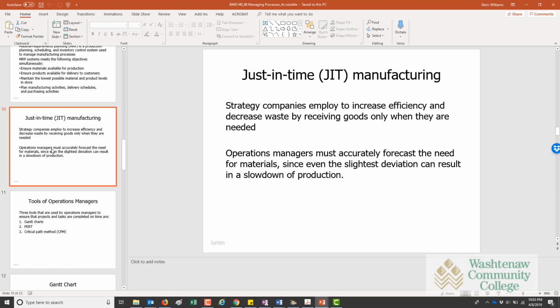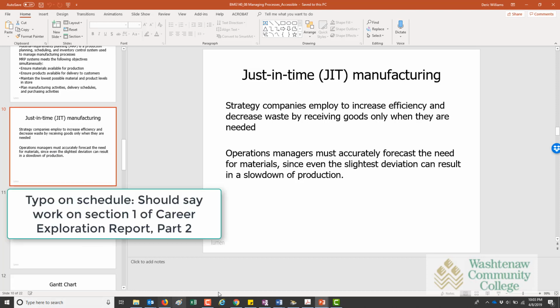You can be using that space for something else. What happens if you don't need these supplies? So just in time focuses on getting your materials delivered right in time for them to go onto your finished product, therefore increasing your efficiency, decreasing waste. So it's a very common manufacturing or inventory management process.